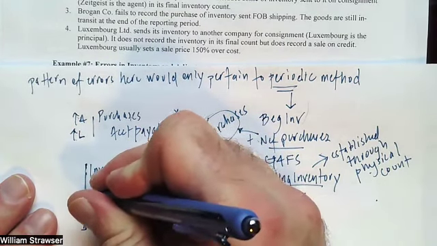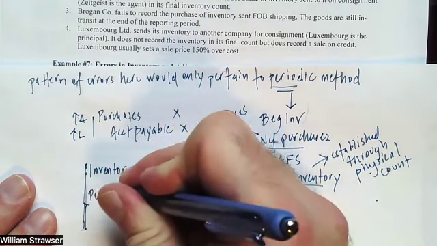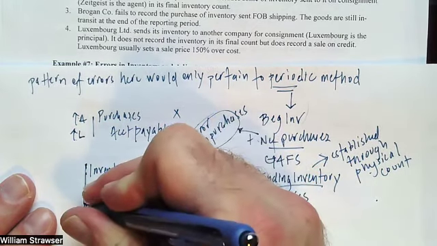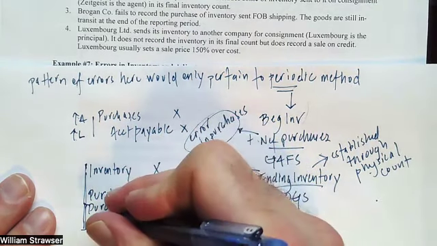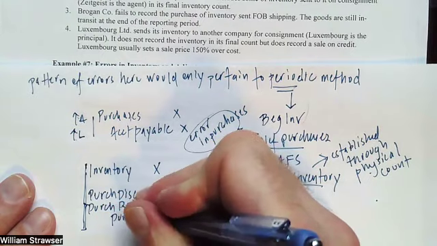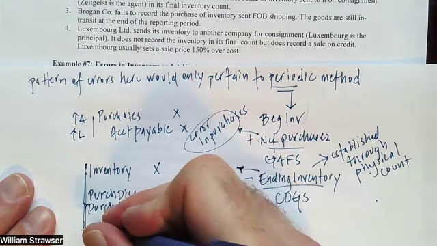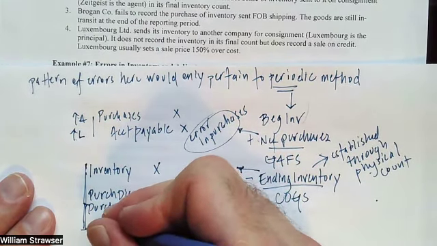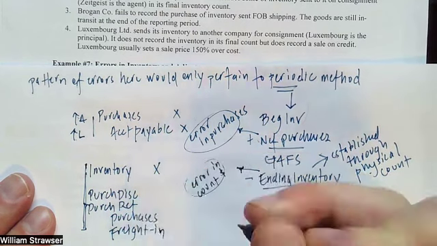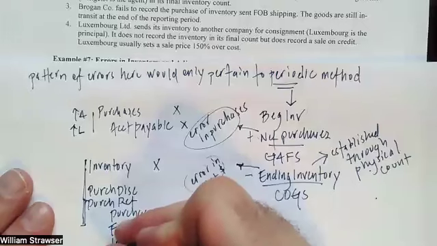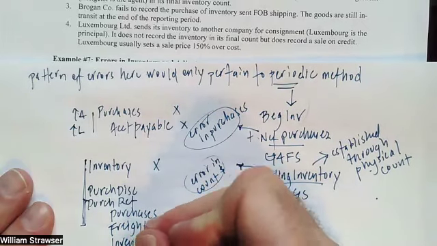I'm leaving some space there purposefully. Purchase discounts, purchase returns, purchases, freight, and crediting out our beginning inventory.